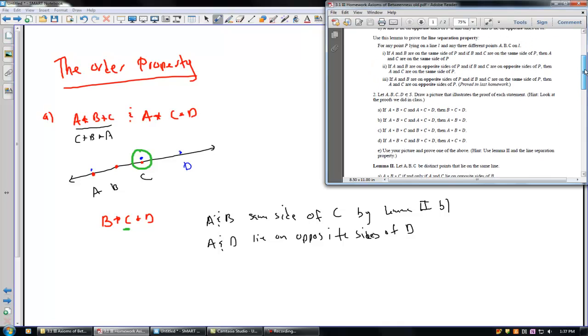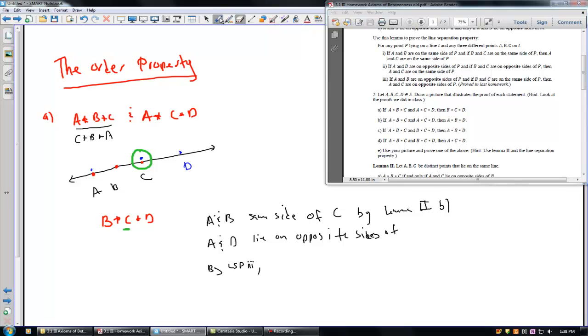I just call up line separation property 3. I think I saw somebody in class just write it like this, line separation property 3. So by line separation property 3, we have D and A lie on opposite sides. Remember, these statements are symmetric, so if A and D lie on opposite sides, certainly D and A lie on opposite sides. And there's a mistake right here.